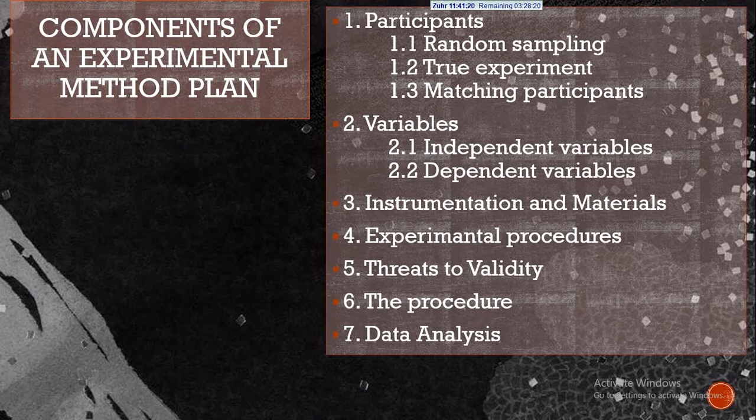Second, identify the dependent variable or variables in the experiment. The dependent variable is the response or the criterion variable that is presumed to be caused by or influenced by the independent treatment condition and any other independent variables.